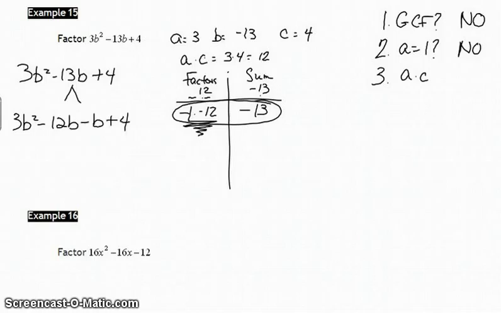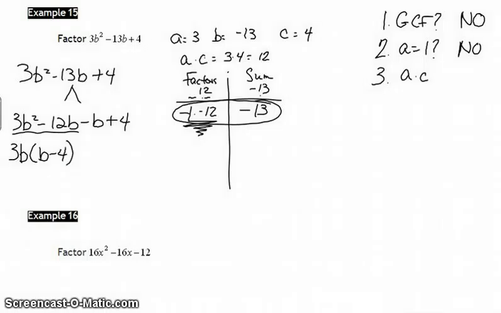And it doesn't matter which order you write them in. It will always work out. Now we're going to divide and conquer. We're going to look at the first two terms and decide on the greatest common factor. I can see that I have a 3b. So I'm left with b minus 4.